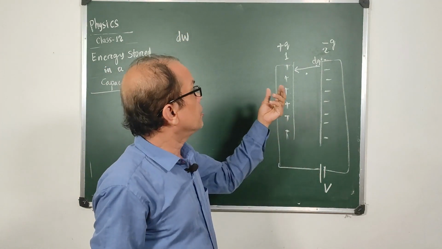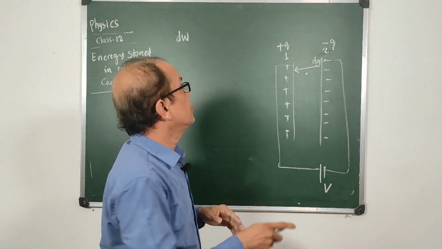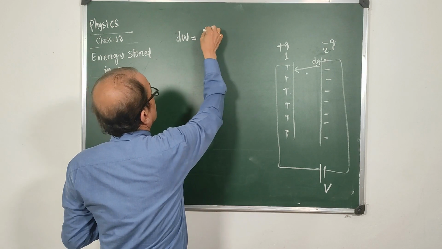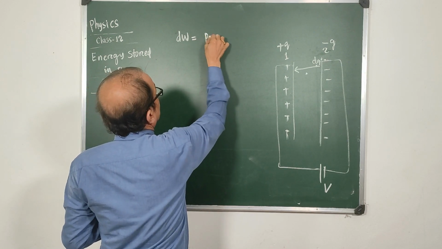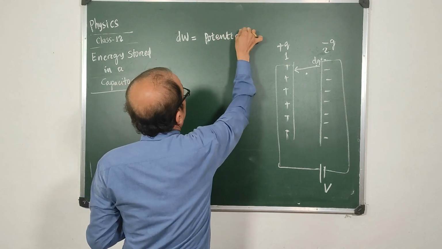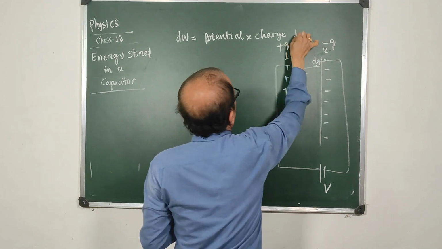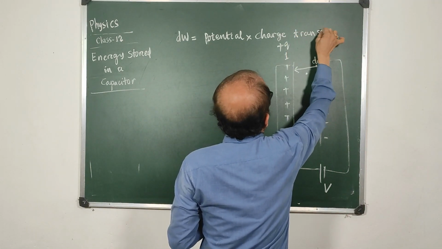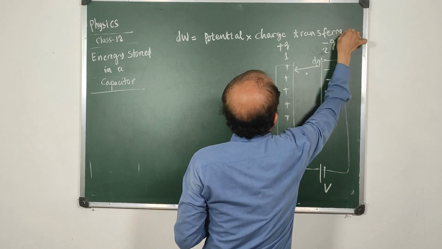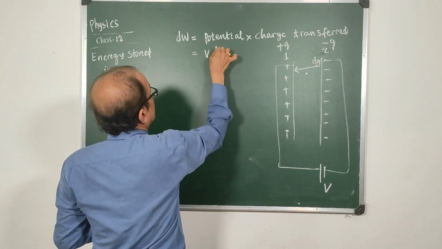Work done is the potential into the charge transferred, and if the charge transferred is dq, then we get V dq.